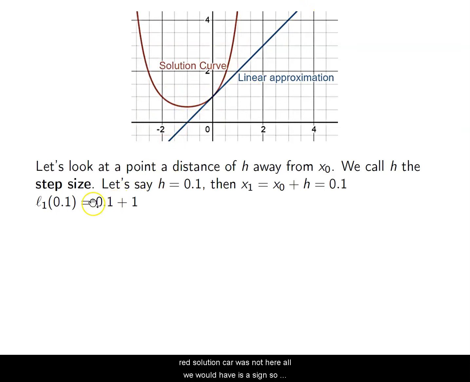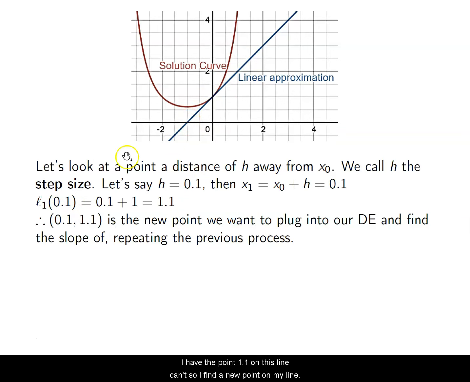So then, to make my adjustment, I move up a little bit and evaluate my point on that line so that I have an output, right? So I know that at 0.1, I have the point 1.1 on this line. Okay, so I find a new point on my line, right?